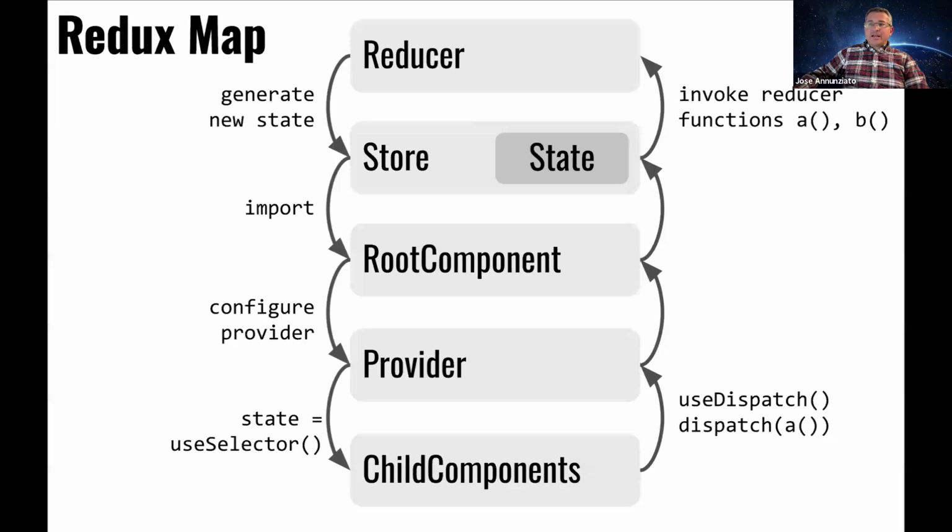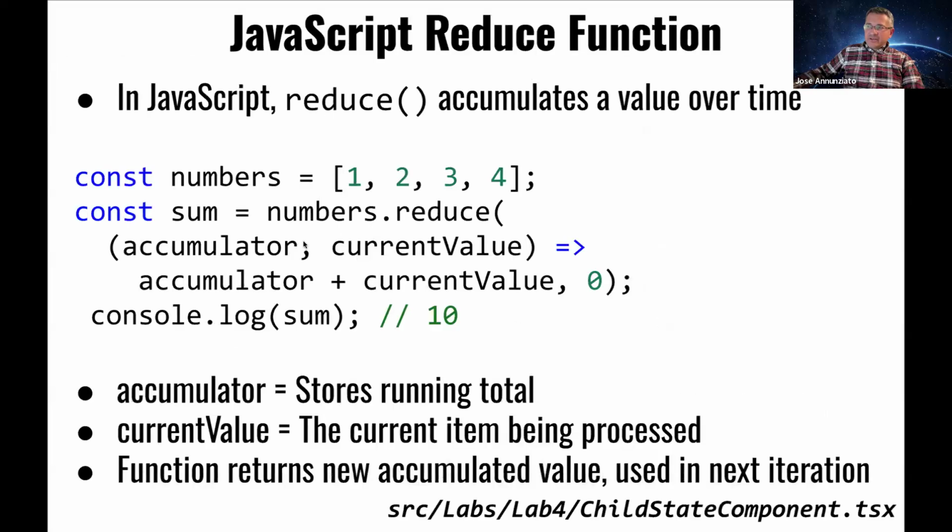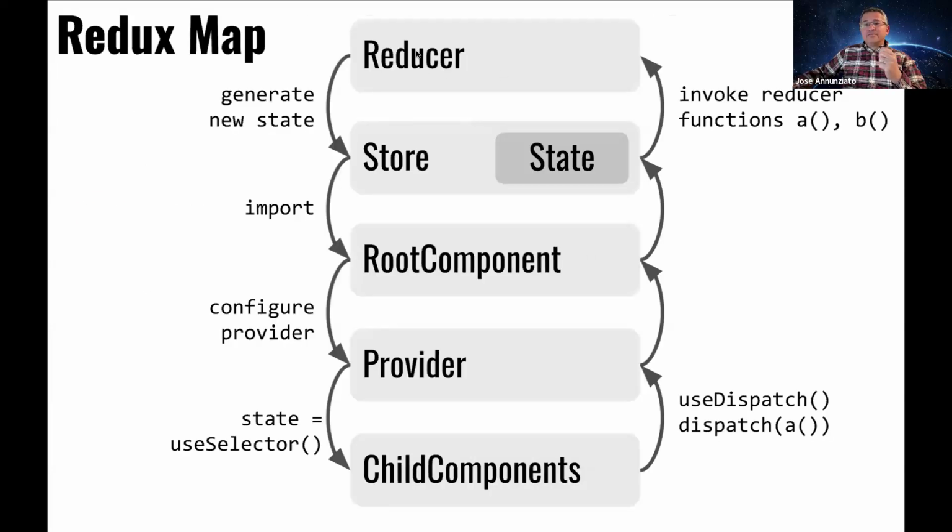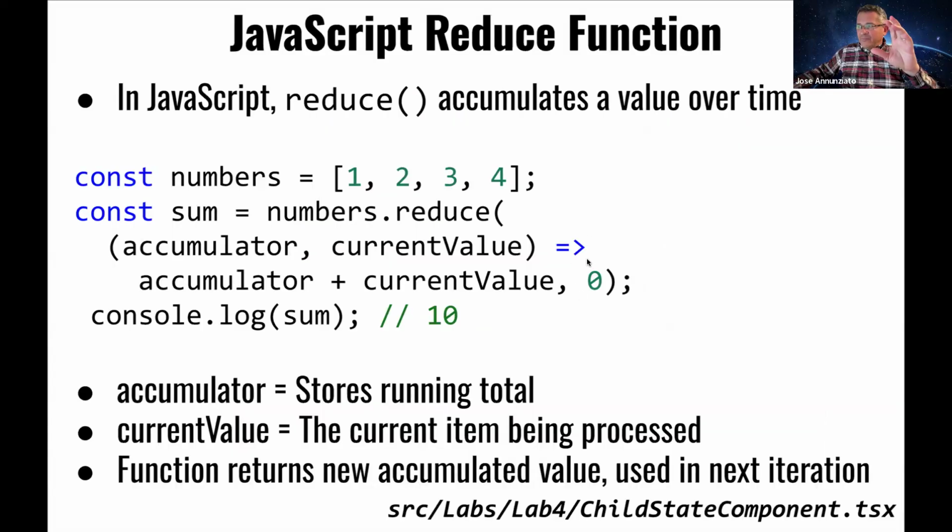Okay. So that's where we're going to be writing a whole bunch of reducers. In our case, the reducer here is the function that is converting and accumulating all the values in the data structure into a single value. So we're going to write reducers that have an initial value. Here, the initial value is 0.